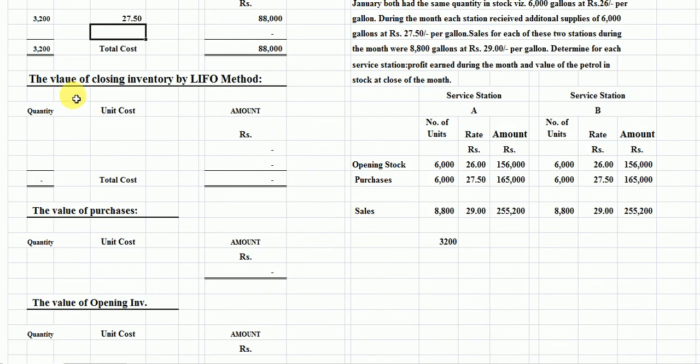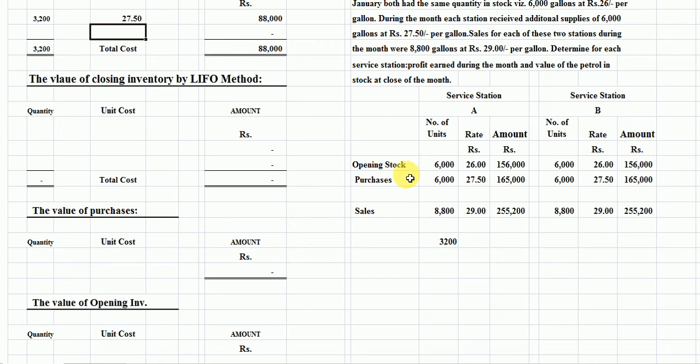Now students, we have to find again the value of closing stock with the help of the LIFO method. For this purpose, we know that the meaning of LIFO method is last in first out. It means the purchases are the last quantity going to be sold first, and the remaining opening stock is used for selling purpose.